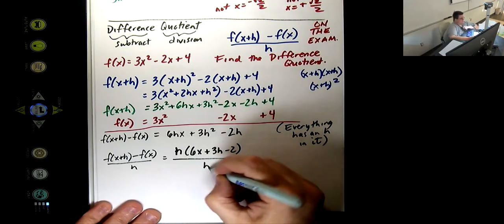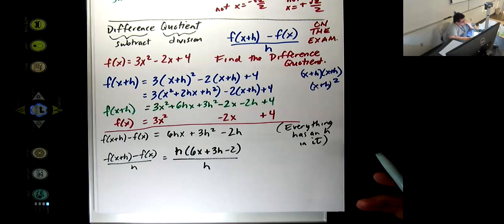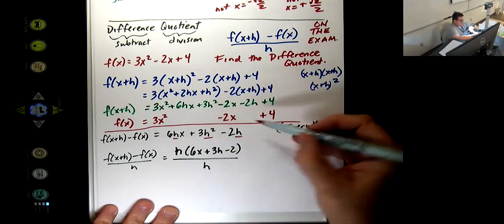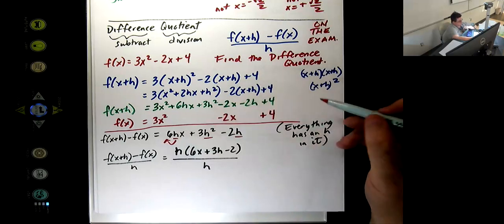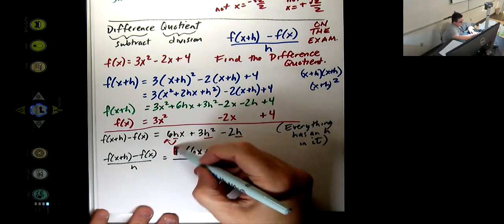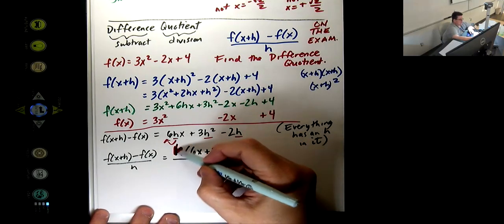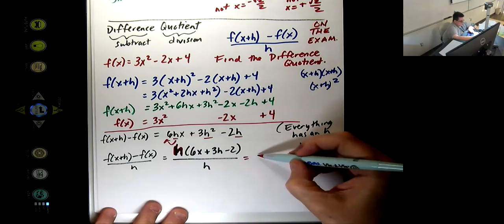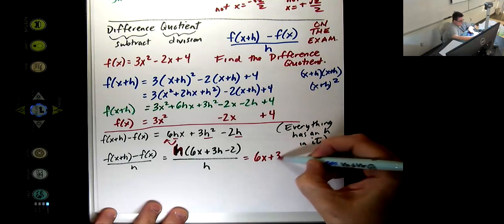I'll have an h on bottom. So I just pulled out the h from each of these. Factor it out. That gives me this h right here. Now the h's cancel, and I'm left with 6x plus 3h minus 2.